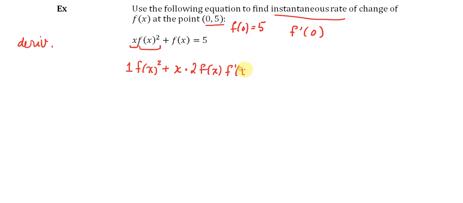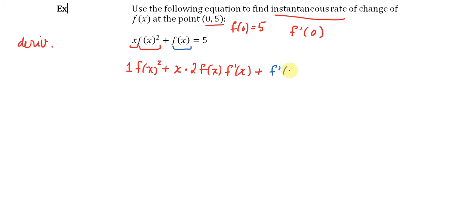Don't forget that the chain rule also applies here. When we take the derivative of f of x squared, we also have to multiply by f prime, because we're really using the chain rule. And then finally, the derivative of this piece right here is just f prime of x.